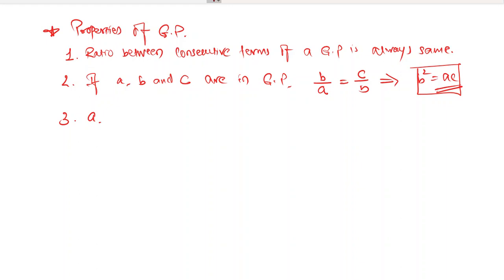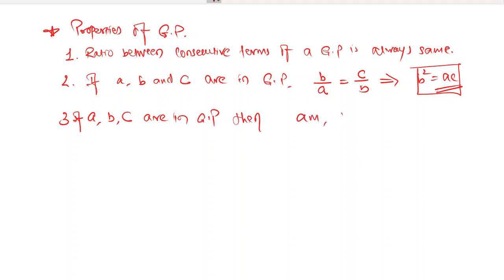If A, B and C are in GP, then if each term of this GP is multiplied or divided by the same non-zero number, the resulting series is also a GP.